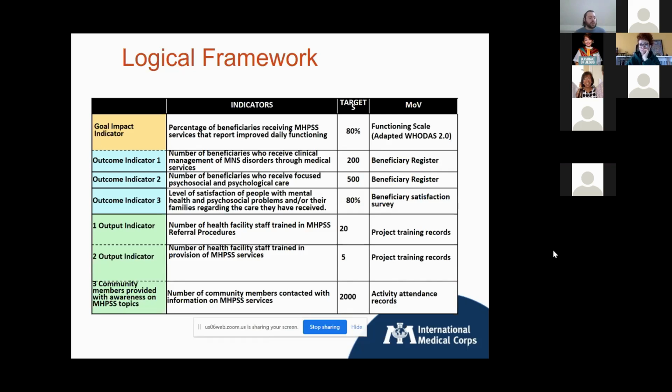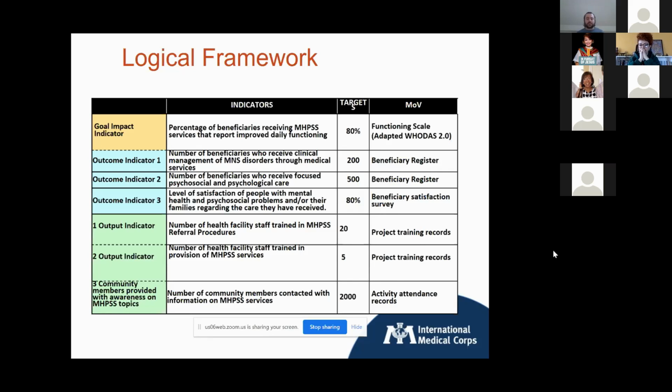Now, what we use in Lebanon is an adapted version of the WHODAS 2.0, which we call the client functioning scale, which has been adapted culturally and in terms of language for use within Lebanon and the Middle East, and has gone through the review and adaptation process for adapting means of verification, which you can read more about within the common M&E framework as well, and there's guidance for making these adaptations there.